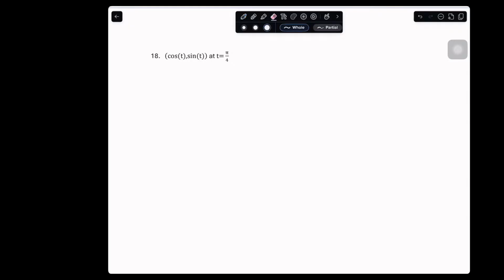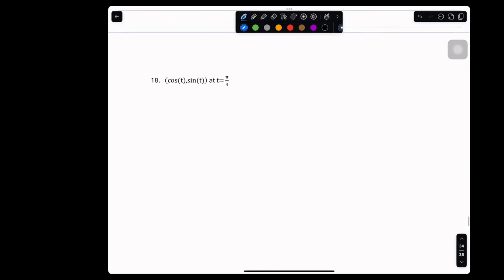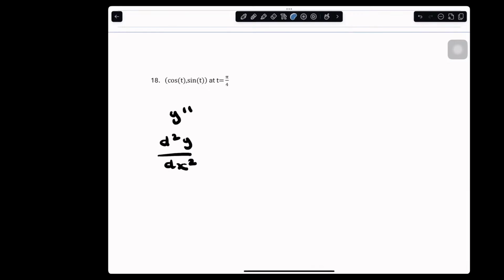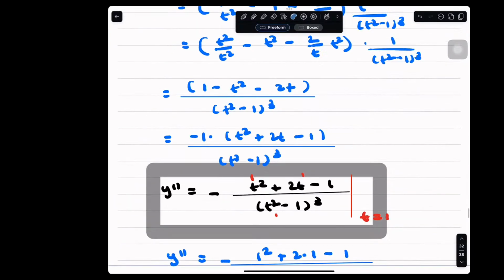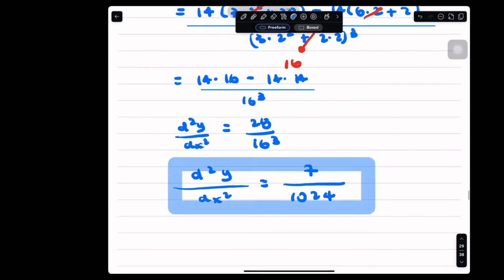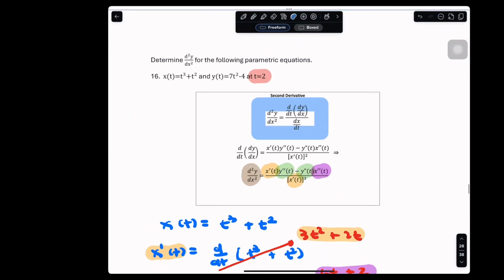We're going to find the second derivative here for question 18. What we mean by that is d squared y dx squared. And we're going to go back here to copy this.